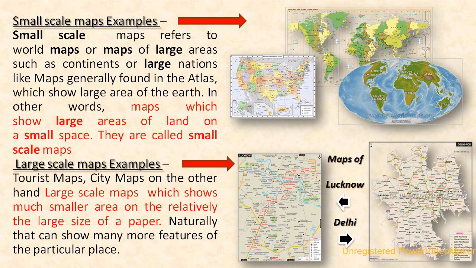So I think now all of you understood what is a large scale map and what is a small scale map. Once again, we are going to rewind the same topic. Maps which show a larger area of land on a small space are called small scale maps.